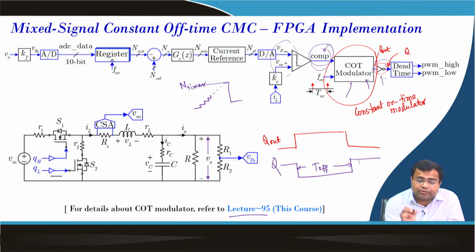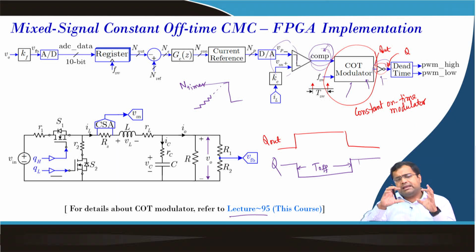If you update this value, your on time and off time can be adjusted in real time, because you just update the value in the counter, that is it. It will happen immediately, and you can reconfigure from constant on time to constant off time just by changing this comp. You directly pass and invert this logic, and in constant on time we invert comp but pass this logic, that is it.